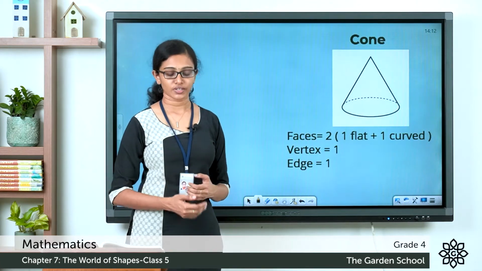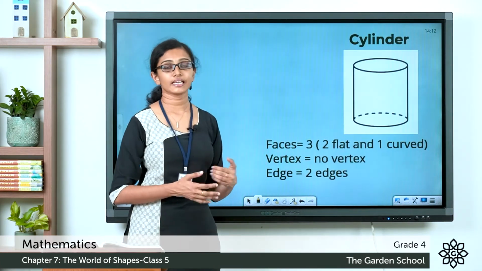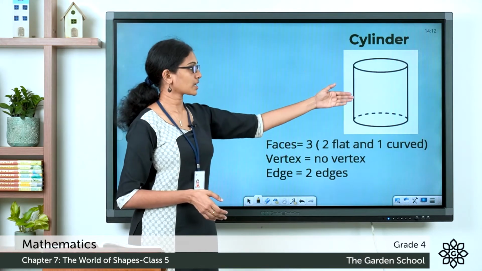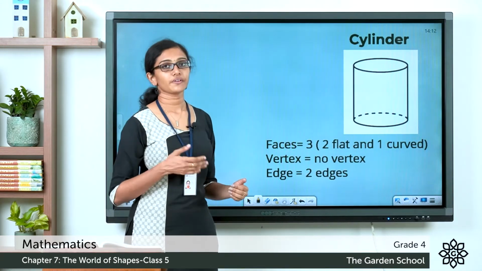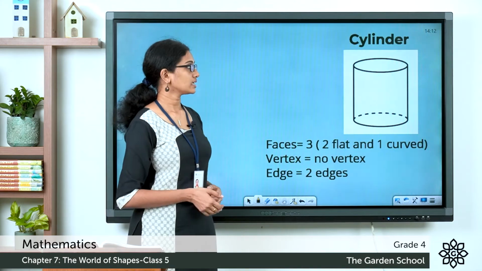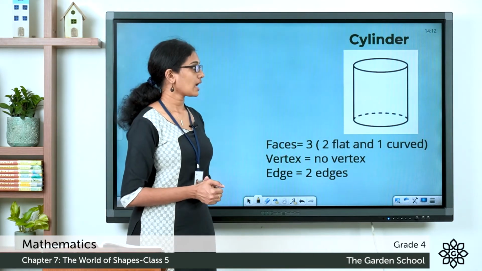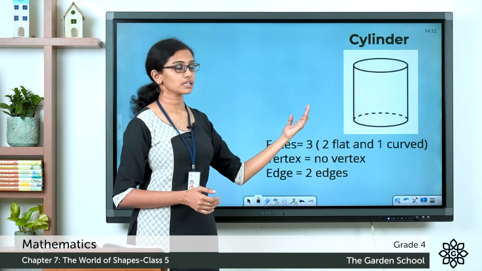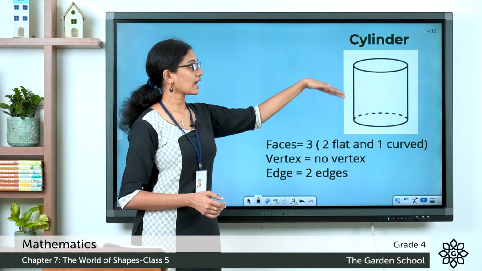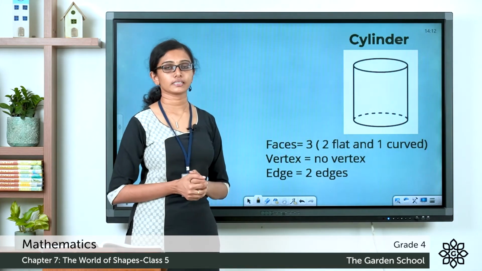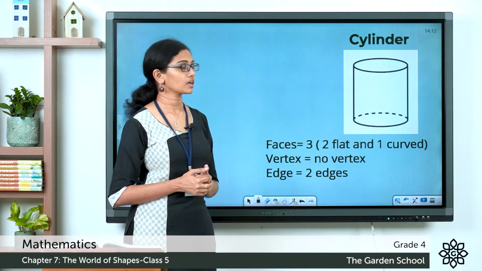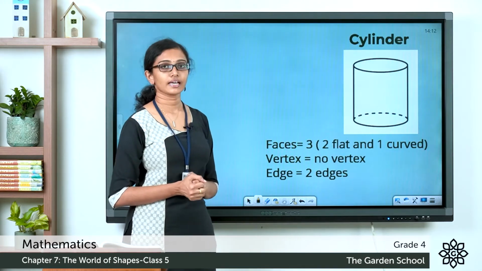Now, let's see the next shape. We have a cylinder here. You can see the shape here. How many faces are there for a cylinder? There are 2 flat faces, one at the top and one at the bottom. And there is a curved face which meets the flat faces on both sides, at both ends. Now, how many faces are there in total?